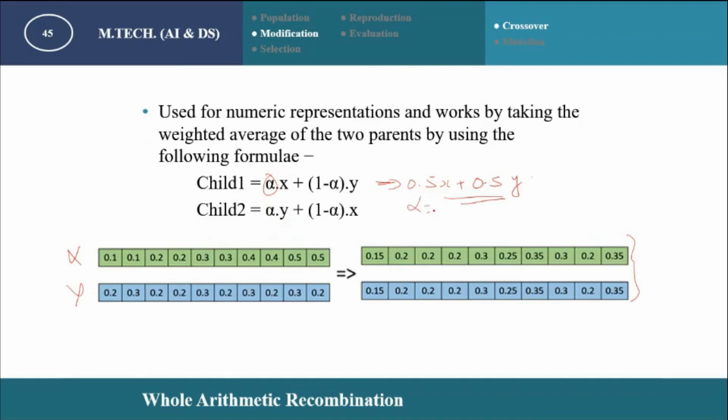If we take alpha equal to 0.5, both the chromosomes will be the same. So in most of the cases, you will have to select some other value for alpha in order to get two different chromosomes out of a crossover operation. This type of crossover is done in the case of problems involving numeric representation.